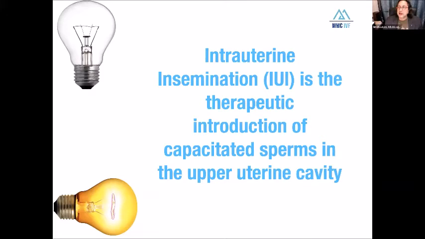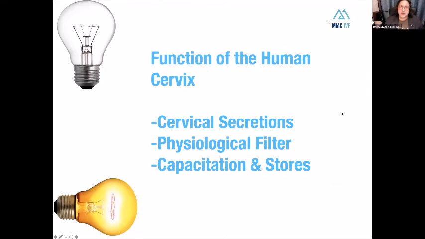So what exactly is it? IUI is the therapeutic introduction of capacitated sperms in the upper uterine cavity. Therapeutic introduction is introducing processed sperms in the upper part of the uterine cavity with the help of a silicone catheter. It's a painless OPD procedure, an outpatient department procedure.